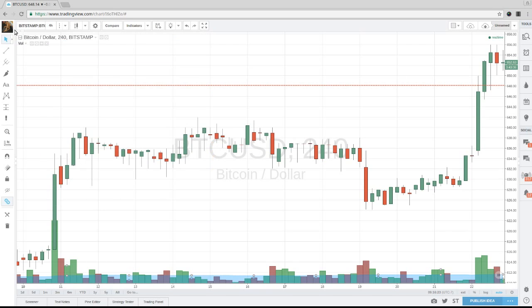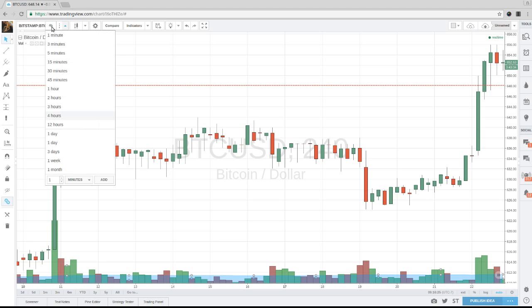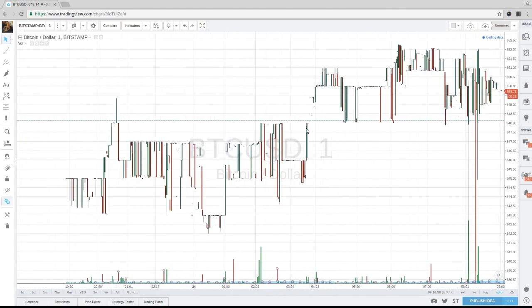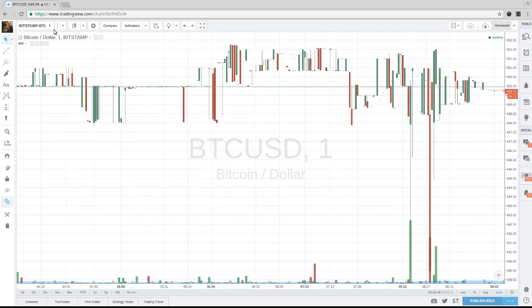We'll do Bitstamp. Here we have our time frame. The time frame dictates how long the candles are calculating the price. Now, if we use a 1 minute, we're going to see a lot of crazy action going on. More so on Bitstamp than some other exchanges, but it's really hard to follow.